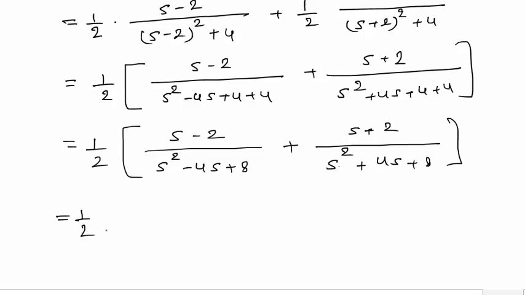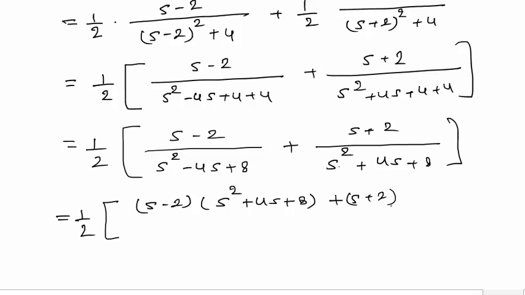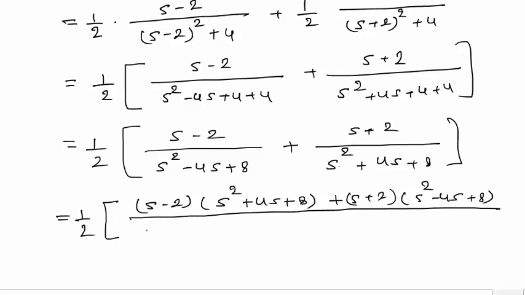We cross multiply and we get (s minus 2) in one bracket times (s square plus 4s plus 8), plus (s plus 2) times (s square minus 4s plus 8), whole divided by (s square minus 4s plus 8) into (s square plus 4s plus 8).